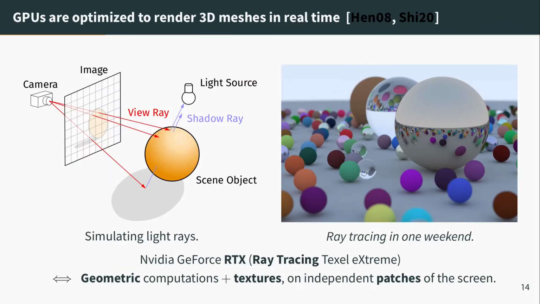And then the second reason is that GPUs are optimized to render 3D meshes in real time. And I don't know if you've taken lectures on that, but today, when we want to render a video game, we actually simulate light rays. It's recent that it's possible to do it in real time, but basically you have a 3D scene, which is encoded as a 3D mesh.